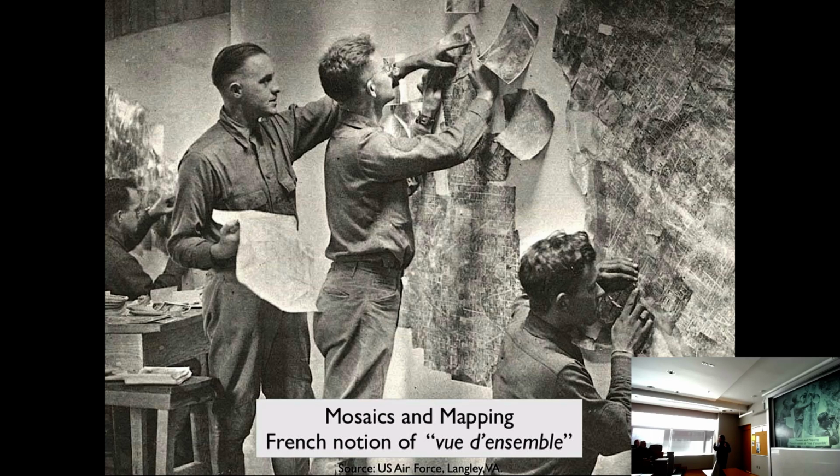And it is because of the French initiative. French planners, architects, and geographers were actually drafted into the French reconnaissance service as interpreters of these photos. And they did a very smart thing.